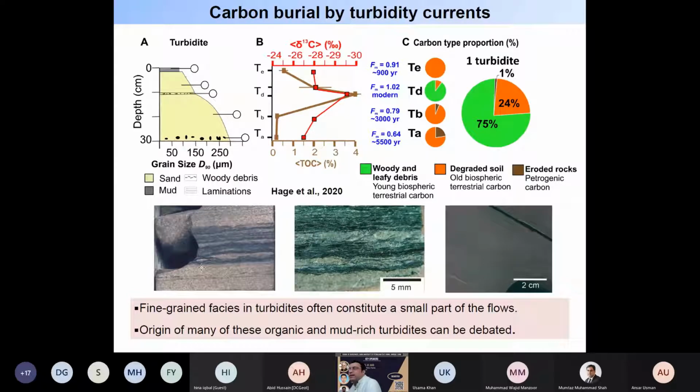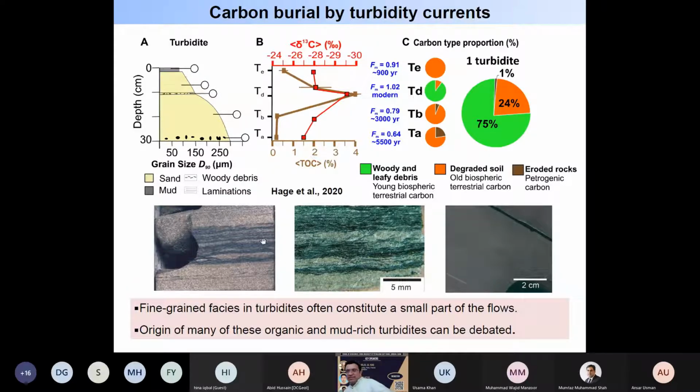More recently, there is another concept, carbon burial by turbidity currents. Coarser-grained facies in the submarine system can also bury organic carbon, mainly in the Bouma TB, TD or TE divisions.